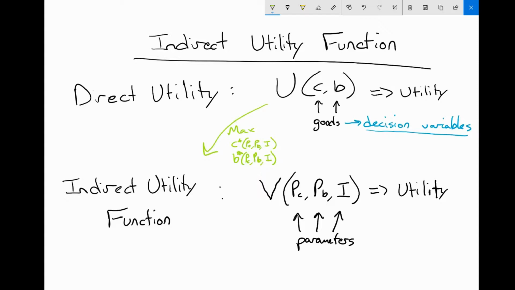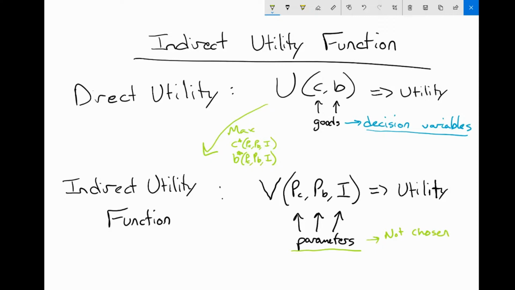Now that we have the variables purely as a function of the parameters, we plug that back into the utility function, we get the indirect utility function, which is now a function only of the parameters, not of the variables. Parameters are not chosen.